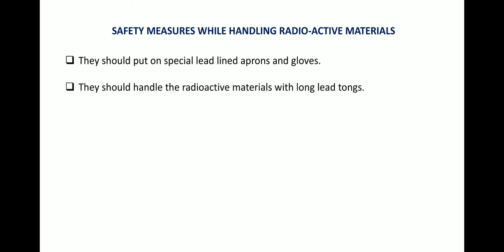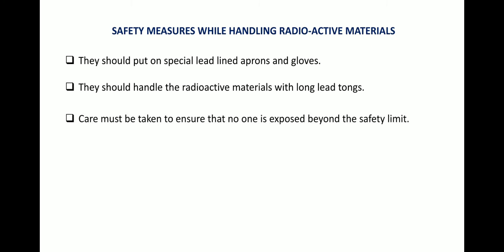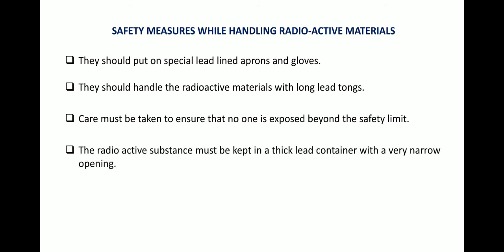They should handle the radioactive materials with long lead tongues. Care must be taken to ensure that no one is exposed beyond the safety limit. The radioactive substance must be kept in a thick lead container with a very narrow opening. So all these safety measures must be followed.